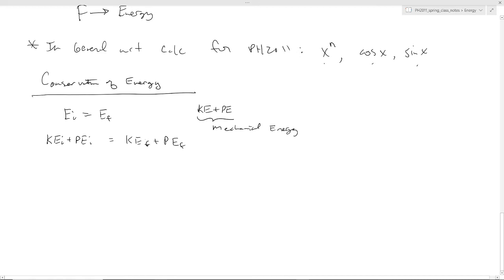We can write down what this is: the kinetic energy being 1/2 mv squared, and then potential energy being things like gravity, mgh, or 1/2 kx squared if we're talking about a spring. And we'll look at some problems for both.